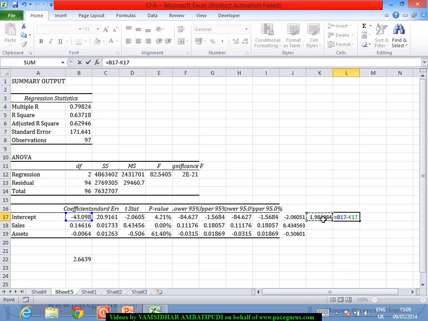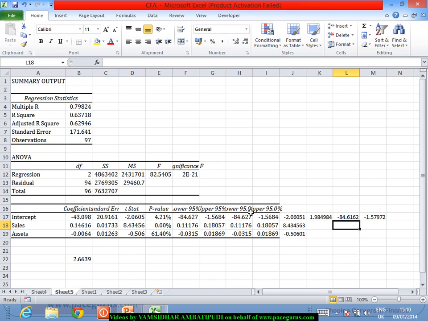multiplied by the standard error, that is the lower limit, which happens to be minus 84.61. Similarly I can take the upper limit also, wherein I consider the coefficient plus 1.98 times the standard error.